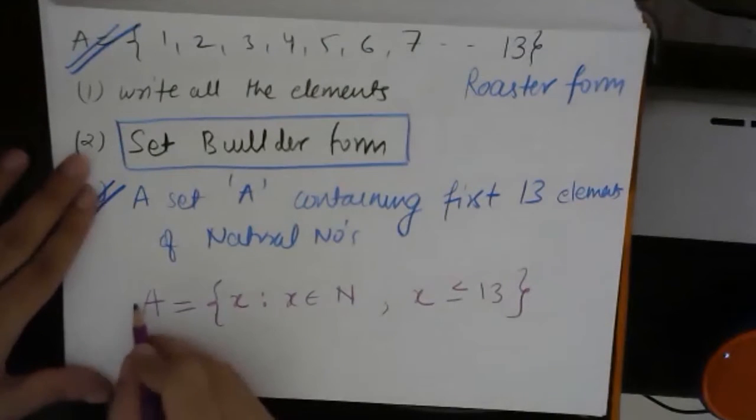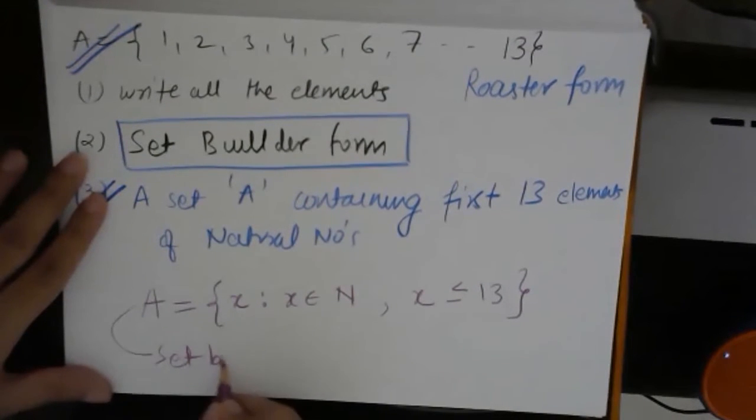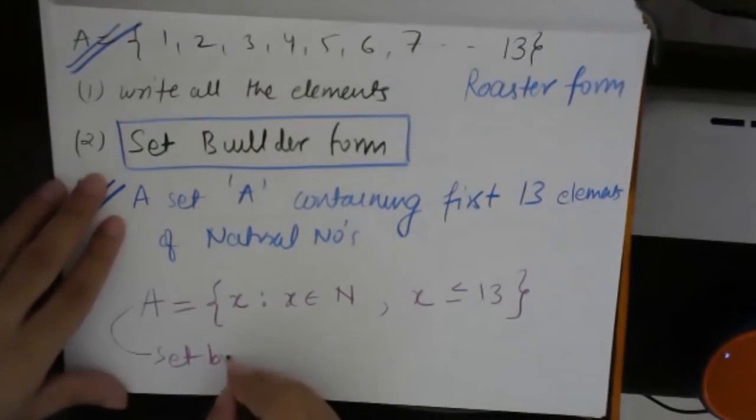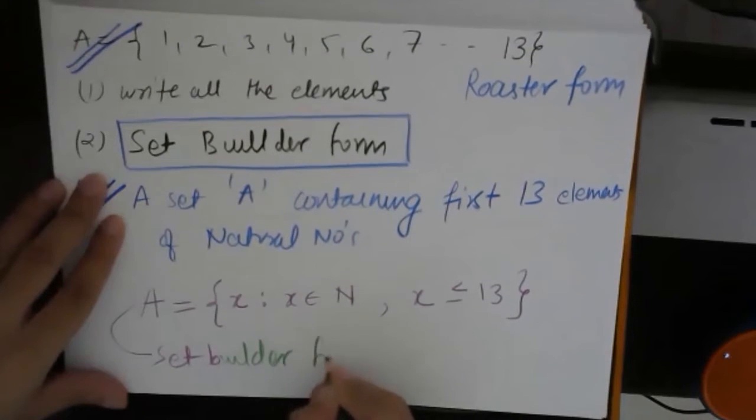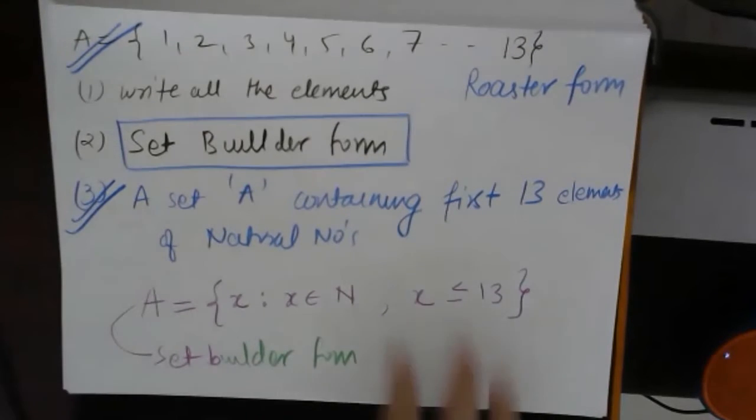This is a set builder form. We can think about this as a roll number kind of representation. This is easy, this is compact, and this is much easier for me to represent and for others to understand also.